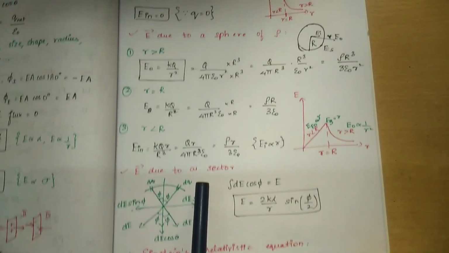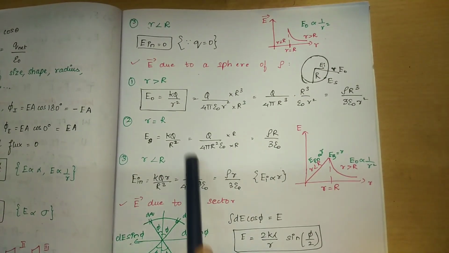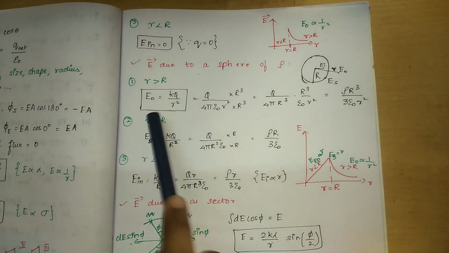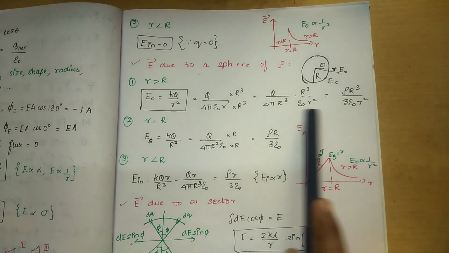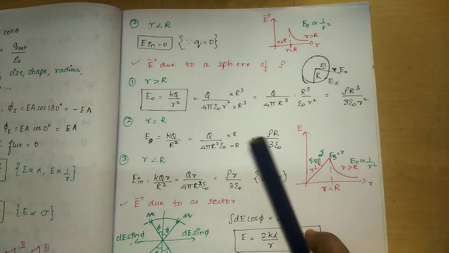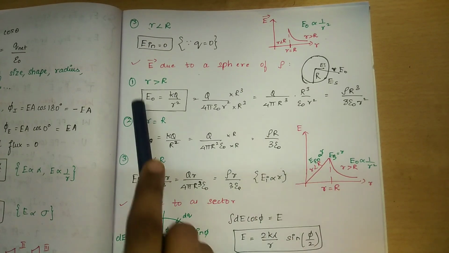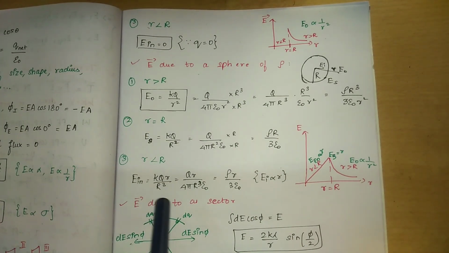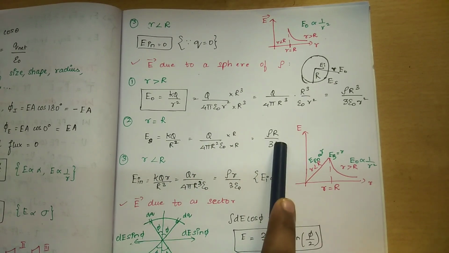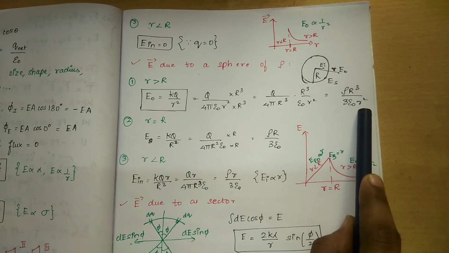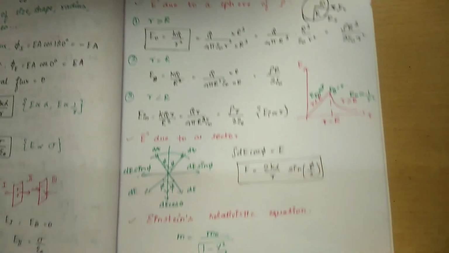So for inside, we have the field directly proportional to r. For the surface it is equal to rho R by 3 epsilon naught. Then outside it is inversely proportional to r square.